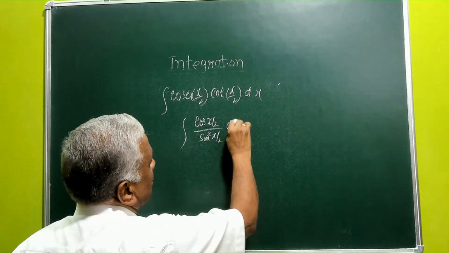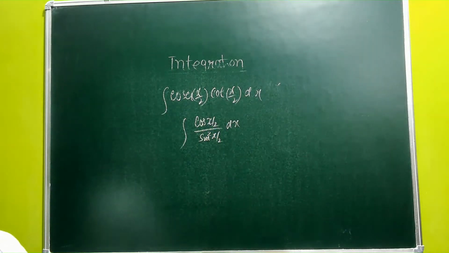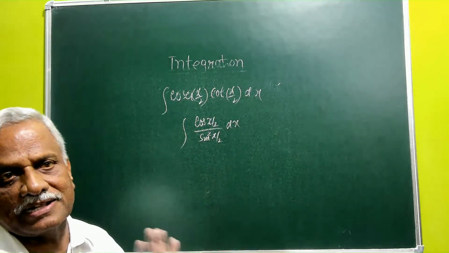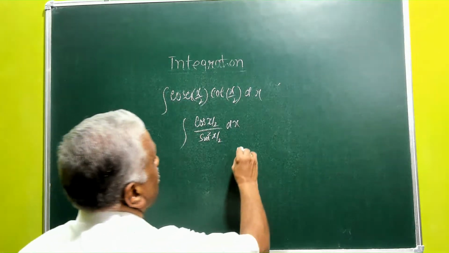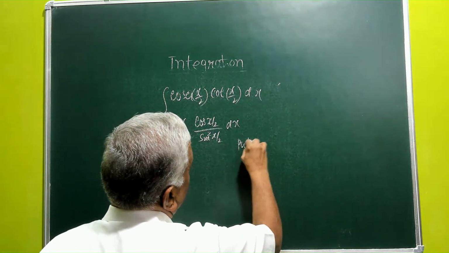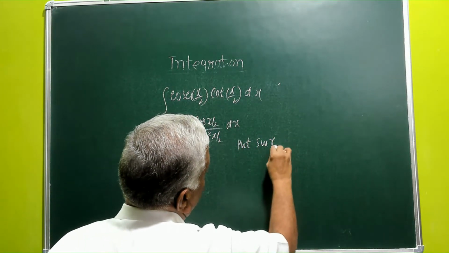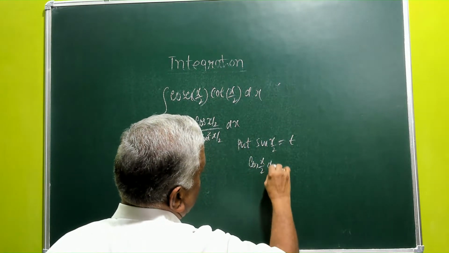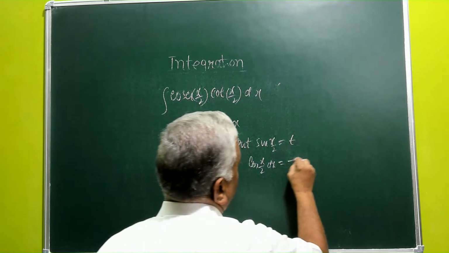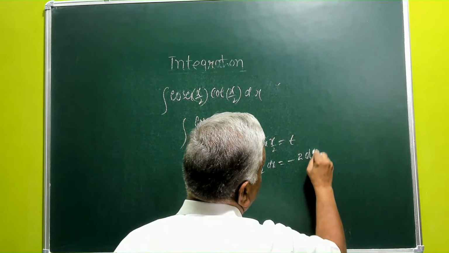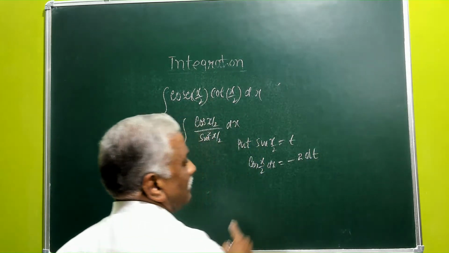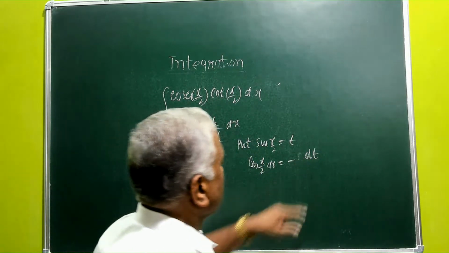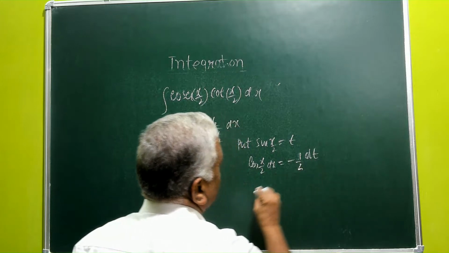The only thing is, the earlier problem had cos x by sin square x, here x by 2 is there. That is one extra thing you should know. So put sin x by 2 equals t. Cos x by 2 dx is minus 2 dt.